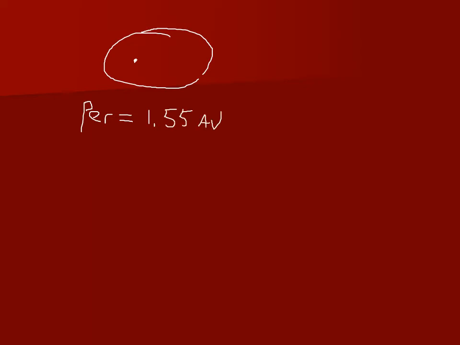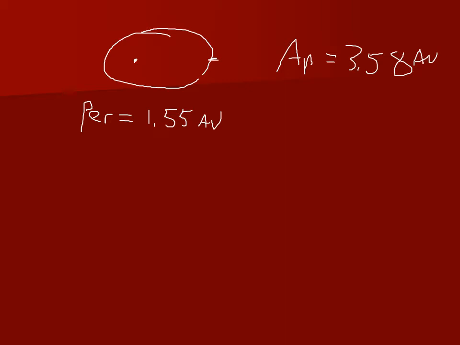Let's say you have an orbit, like an asteroid orbiting the sun, and at its closest point to the sun, the perihelion is 1.55 AU, and the farthest point from the sun, the aphelion, is 3.58 AU.